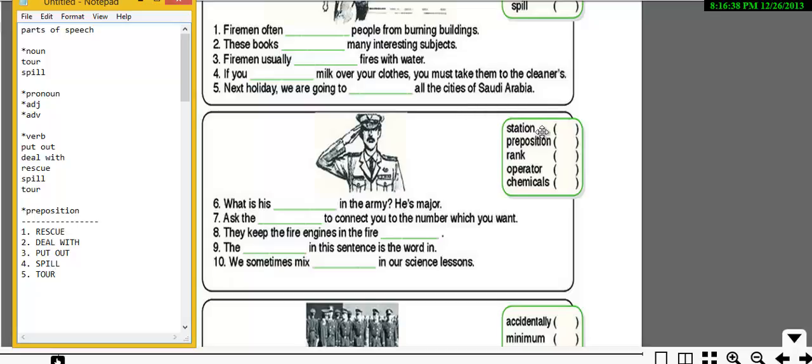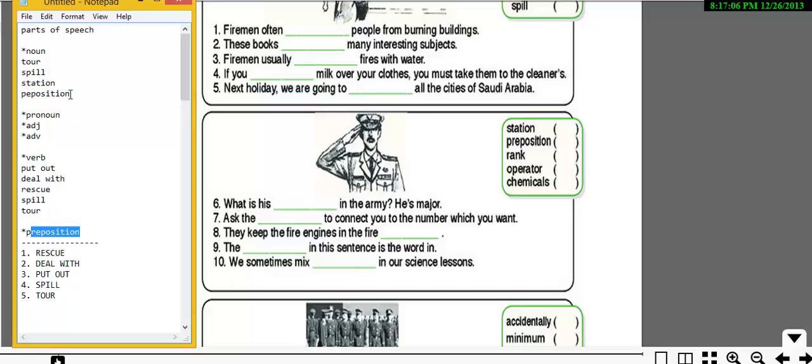Now, first of all, there's station, preposition, rank, operator, and chemicals. As you can see here, station is a noun, and then there is preposition. It's kind of tricky here. Someone is going to say, well, preposition is more of a preposition, but I say, well, the name of a preposition is a noun.